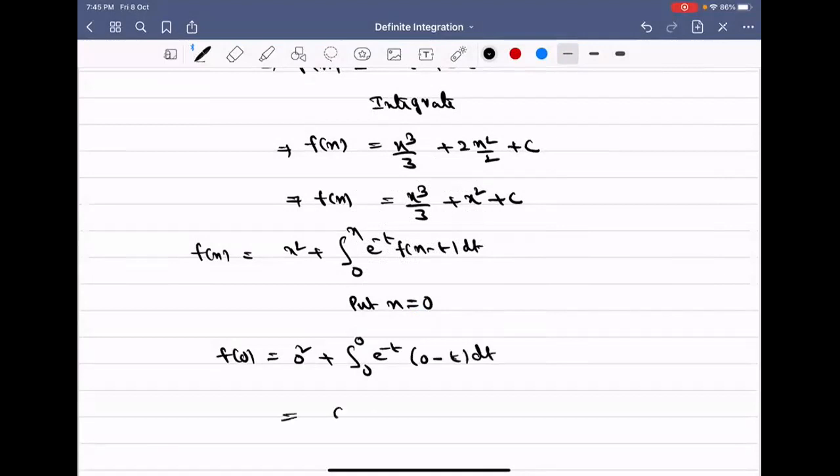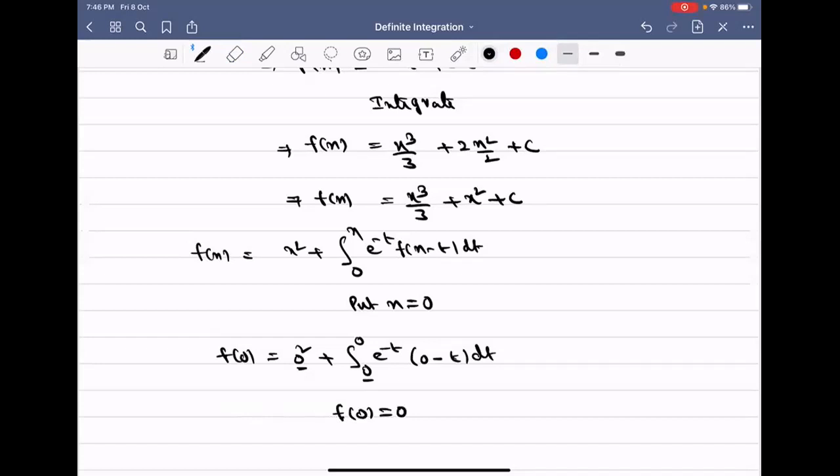So everything is 0 here because the upper limit and lower limit are both 0. Therefore, f of 0 is equal to 0.